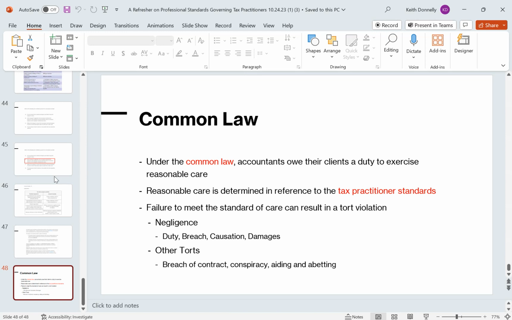And specifically, if you, by virtue of your actions, engage in a tax compliance or consulting engagement and enter into an agreement with the client, you now have a duty to act as a reasonable accountant or CPA in the same or similar circumstances.